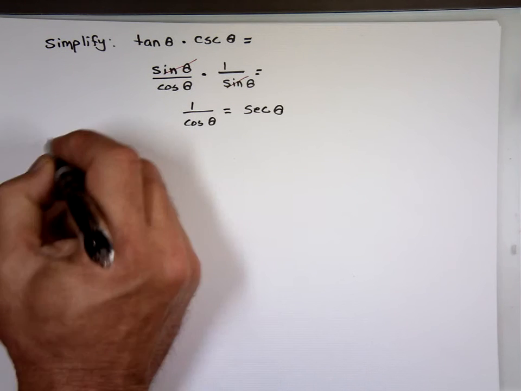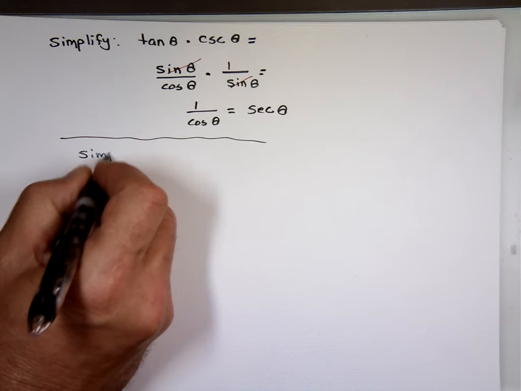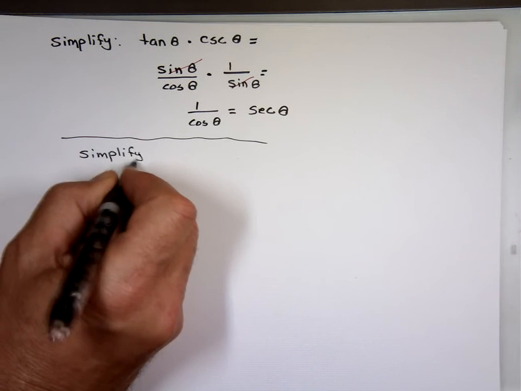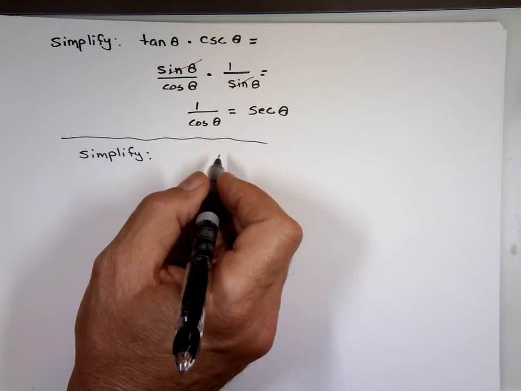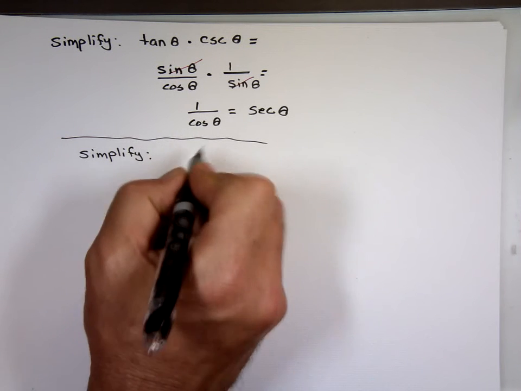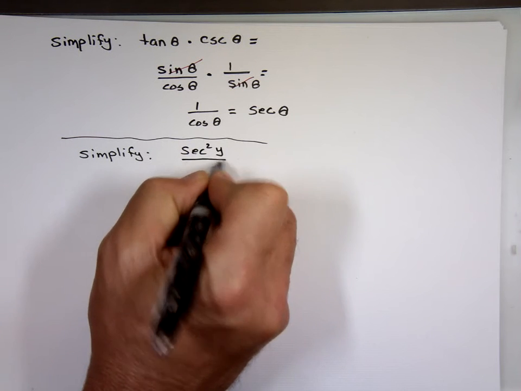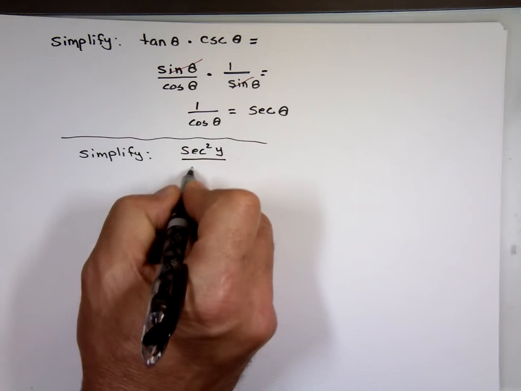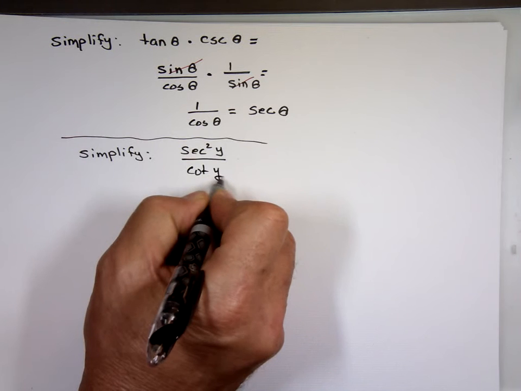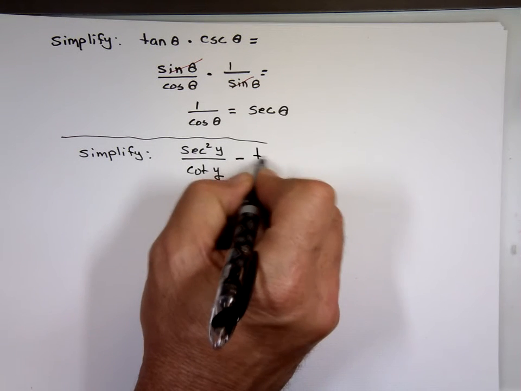Let's try this one. Simplify. Secant squared y over cotangent y minus tangent cube y.